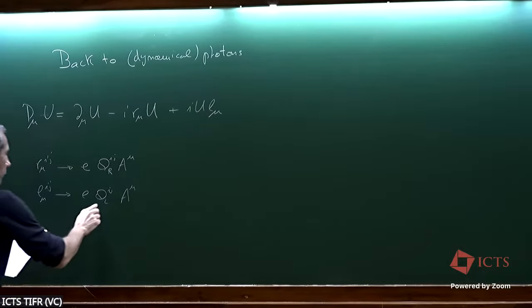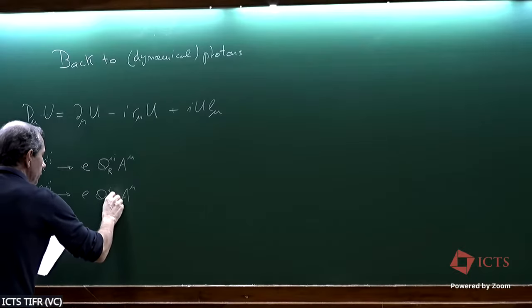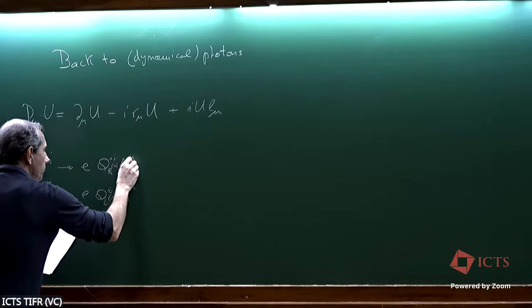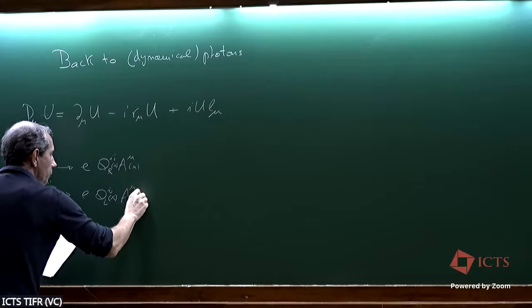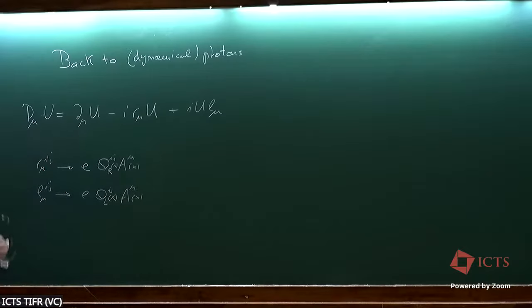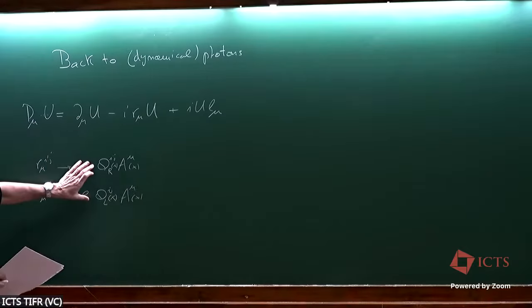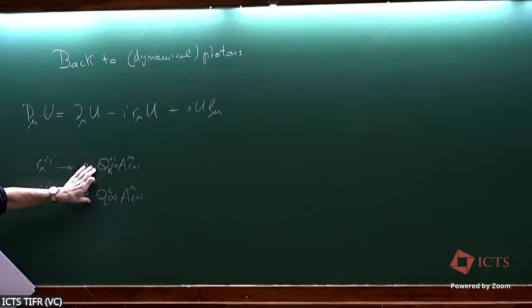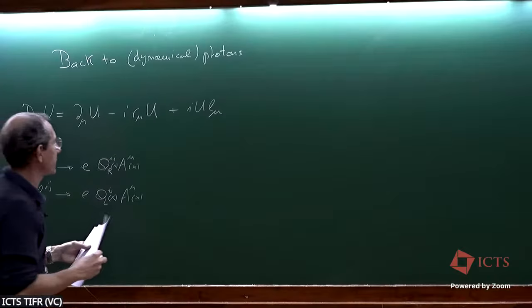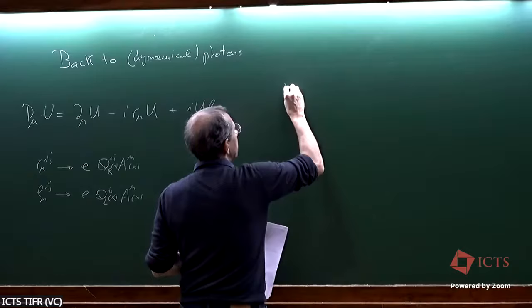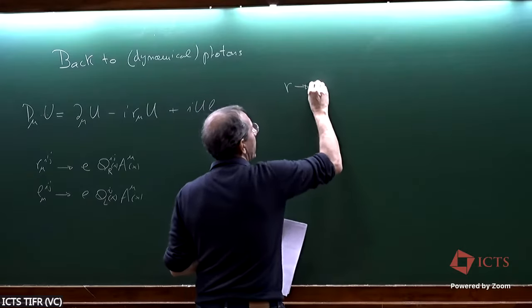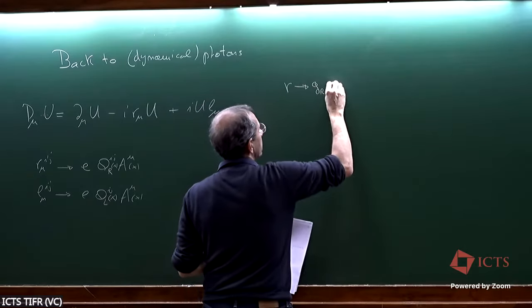We do the following: we introduce these Q_R and Q_L, which we will treat as spurions. Why do we do that? Because of the transformation property: we know that the Lagrangian is invariant if R goes into that.